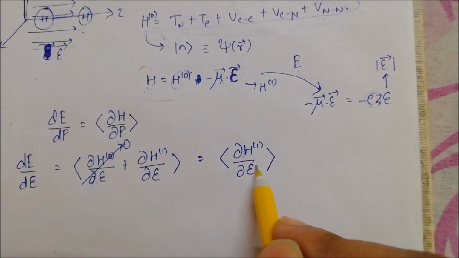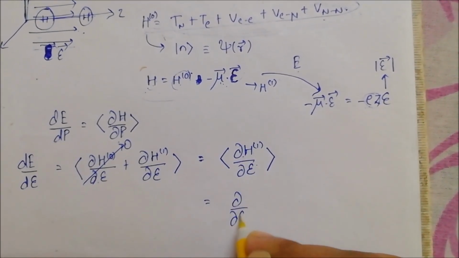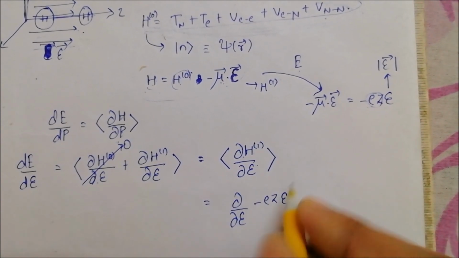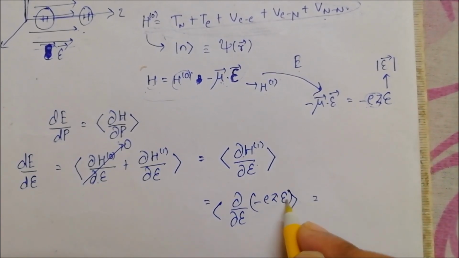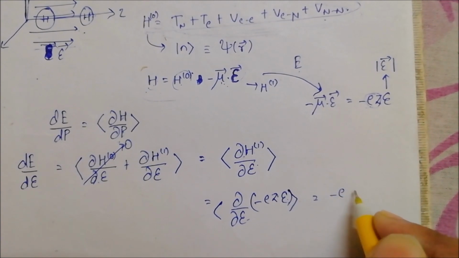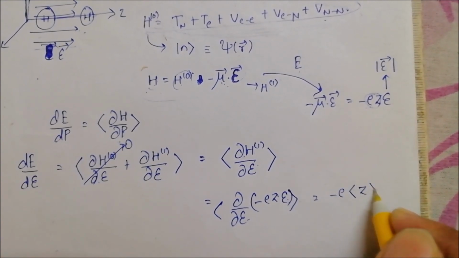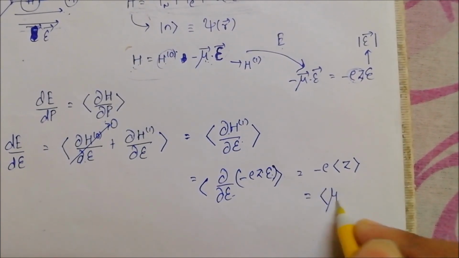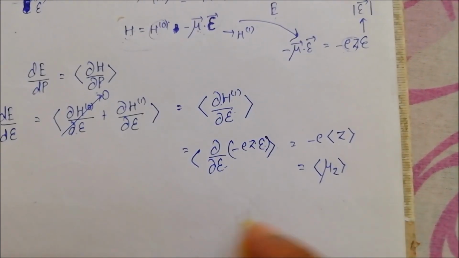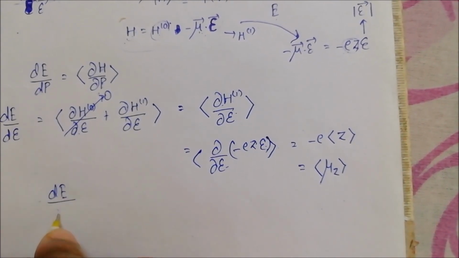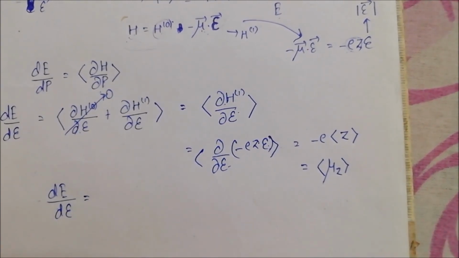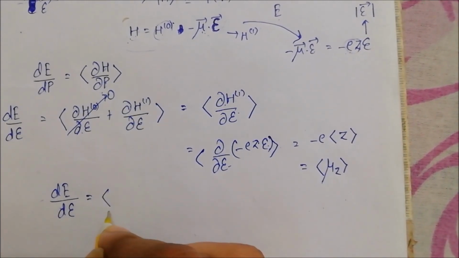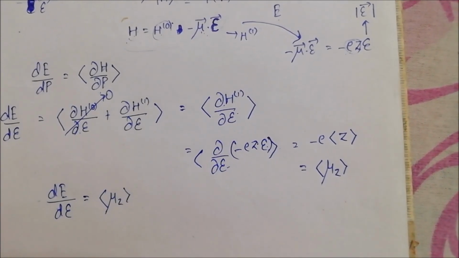So this expression will be del by del E of minus e Z E, and Z and e are independent of E, and so we'll get minus e into Z, or we can also write it as the expectation value of mu Z. So as we see from the Hellman-Feynman theorem, if we vary the static electric field, then the energy is going to vary according to the expectation value of the dipole moment of that molecule.